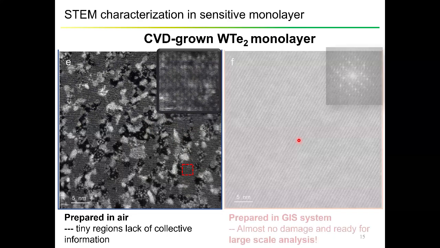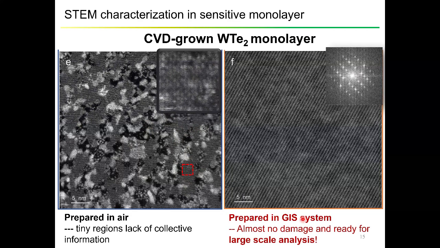When we prepare in the glovebox system, we can completely get rid of the oxidation or any contamination introduced during the fabrication process. So right now we can get a very large intrinsic lattice of the WTe2 monolayer without any damage, and it is ready for large-scale analysis of its real space structure.